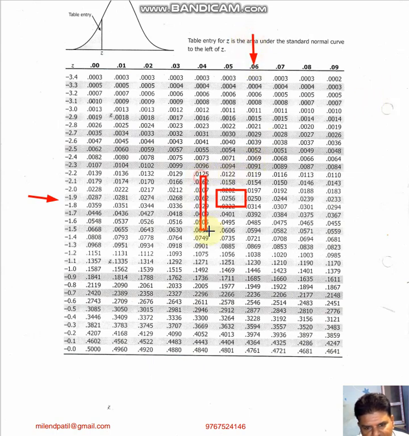I will show you this value, somewhat like this. So the value of Z in this case is minus 1.96, and in this case 1.96, and the area is 0.025, right? So likewise, you can locate the value of Z.